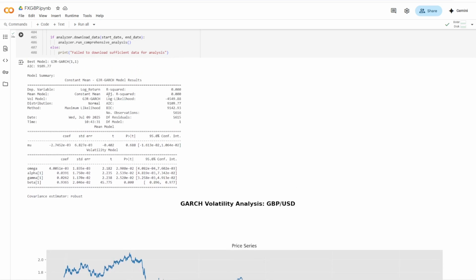It's a GJR-GARCH model. I don't remember exactly. These are the names of the models. Okay, so why the GJR model? It's more complete because it gives you a gamma parameter.